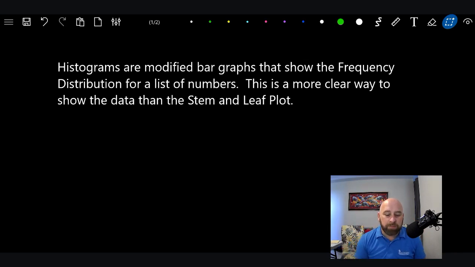This modified bar graph shows what's called frequency distribution. If you look at that in your book, frequency distribution says it's the list of numbers of data values within each class. What does that mean? Well, back when we were doing stem and leaf in the last lesson, we talked about the classifications. Those were the stems. When we did the temperatures in Philadelphia, it was 30-something degrees most of the days.